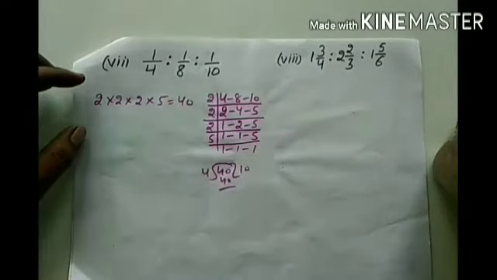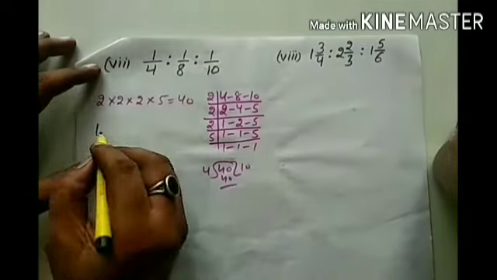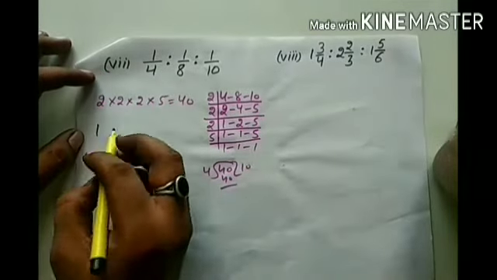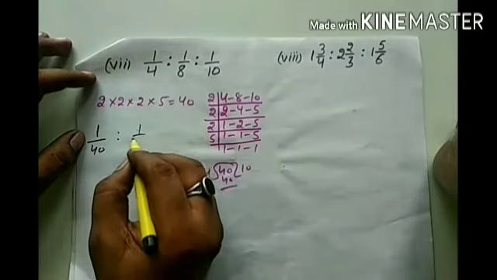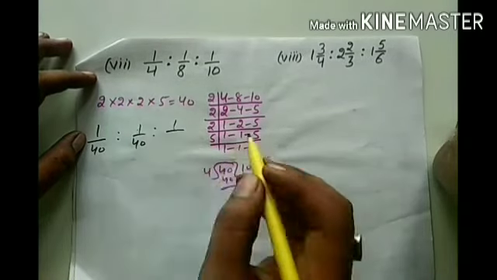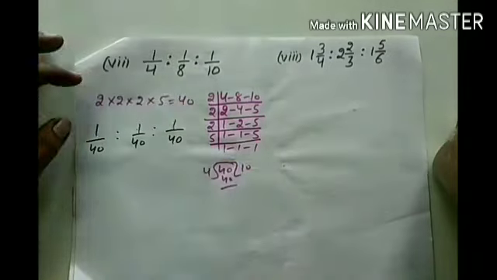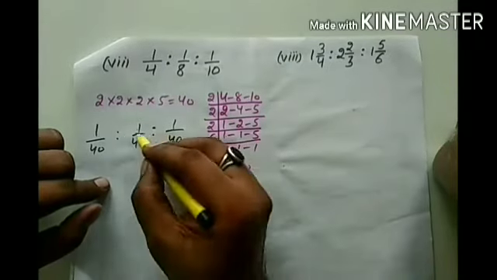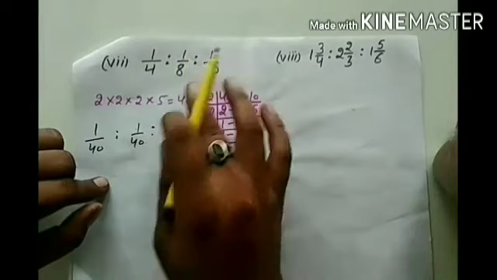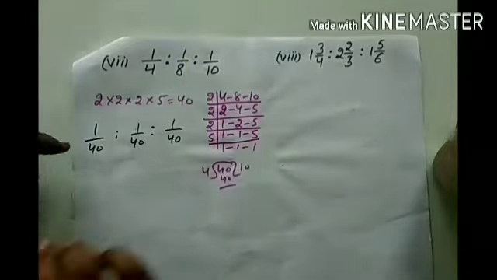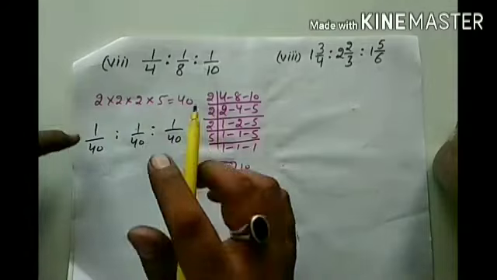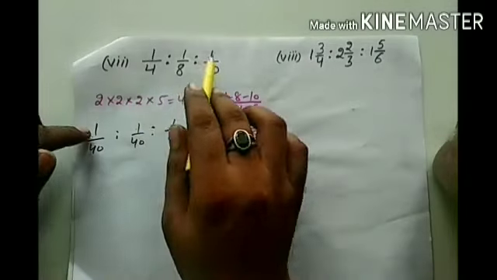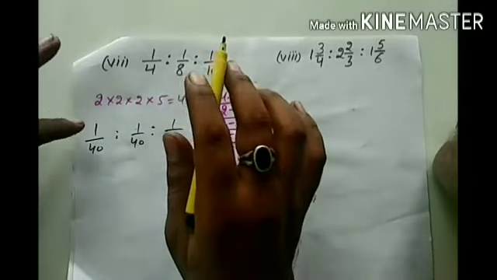Okay, so firstly I will write 1 by 40 ratio 1 by 40 ratio 1 by 40. Why have I written 40? Because the LCM for 4, 8 and 10 is 40. So I have written 40, 40, 40 in the denominator. And what is in the numerator? 1, 1, 1, as I don't change this.